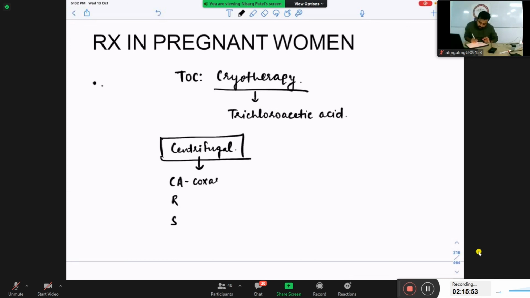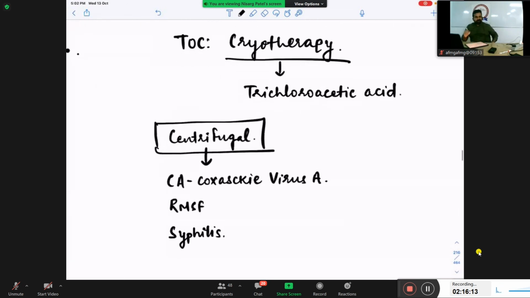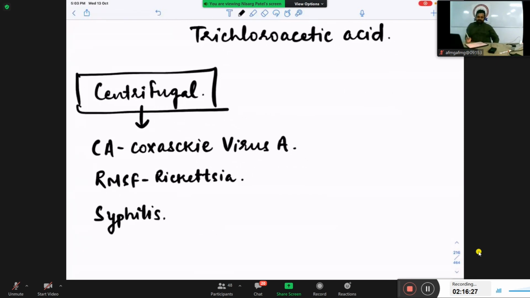It is Coxsackie virus type A, Rocky Mountain spotted fever, and syphilis. Rickettsia causes Rocky Mountain spotted fever.